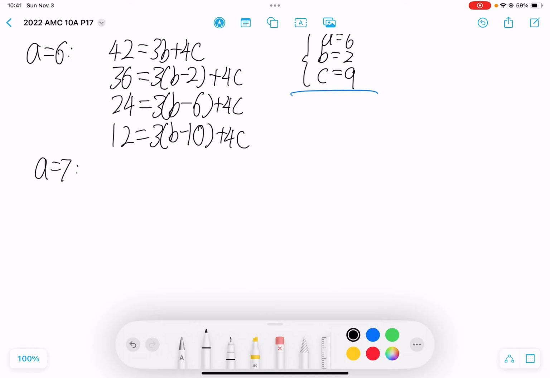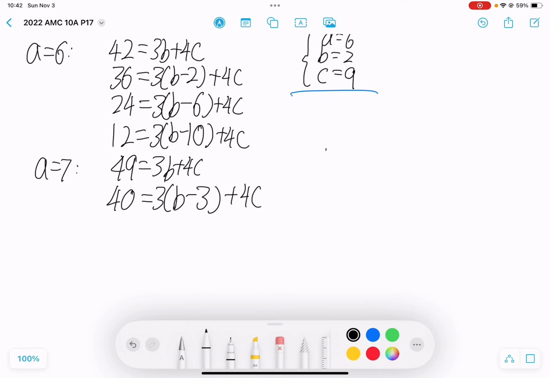So a equals 7. For a equals 7, 7 times 7 is 49. And we have 3b plus 4c. Okay, so 49 minus 3 is 46, minus 3 is 43, minus 3 is 40. So let's check out 40 first. 40 equals 3b minus 3 plus 4c. So this means that we have a solution, which is a equals 7, b equals 3, and c equals 10.